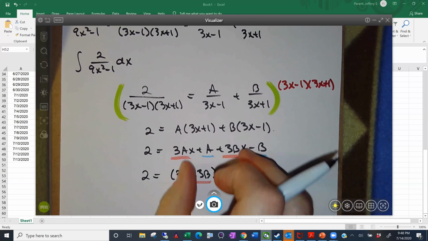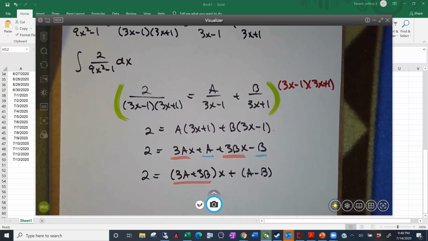So it's just a rearrangement of the terms I have here. But the nice thing is that that allows me to come up with some more equations. All right, so now what I've got underlined here in blue is the coefficient of, well, it's not a coefficient, it's just my constant term.